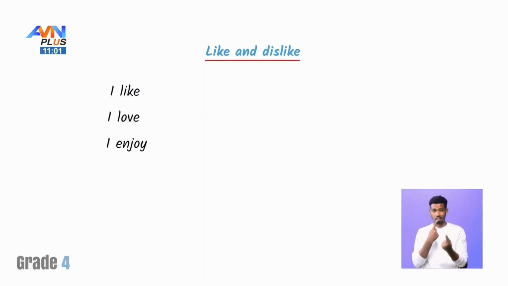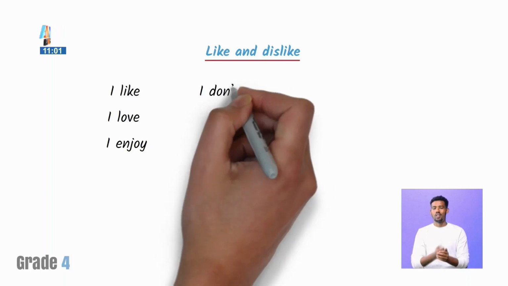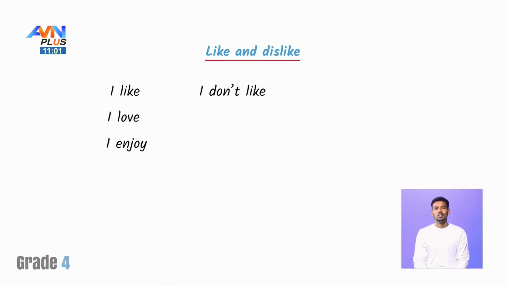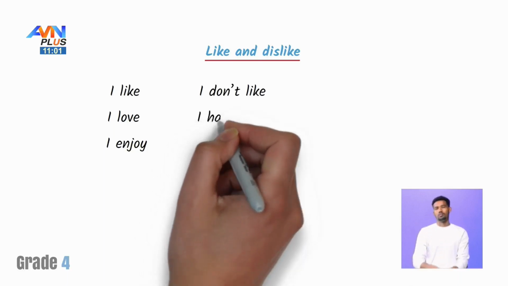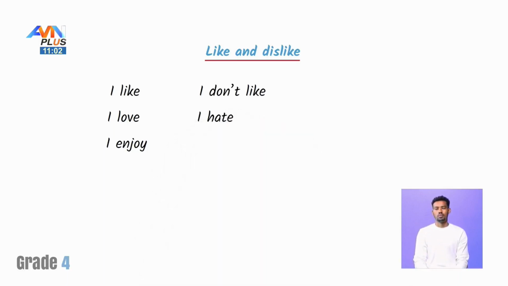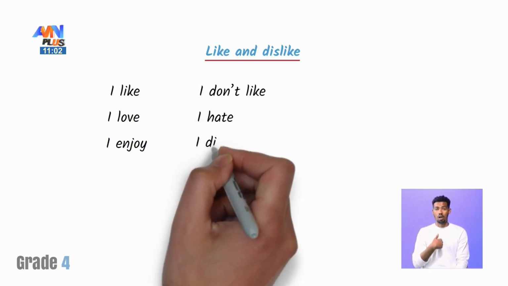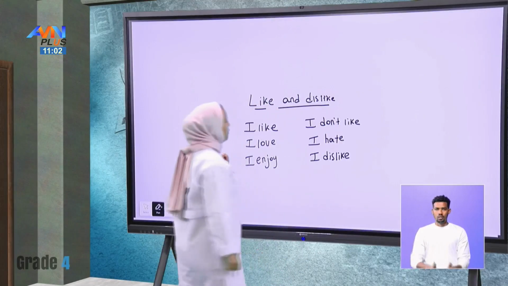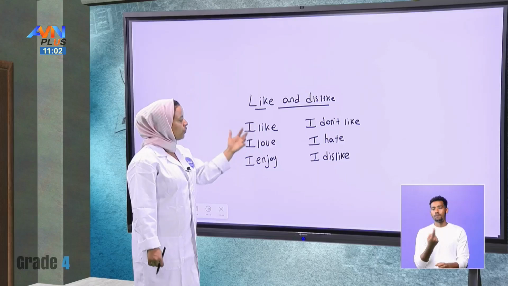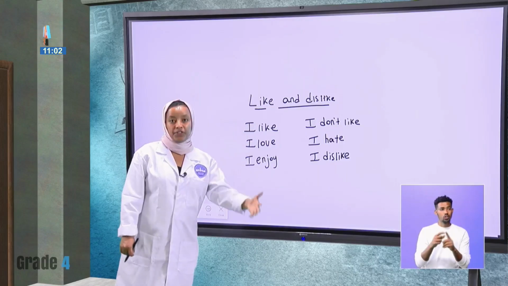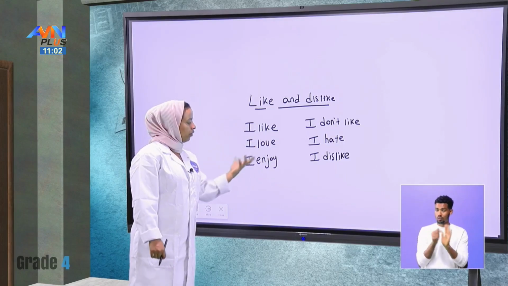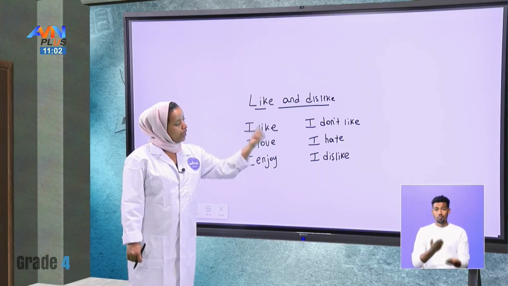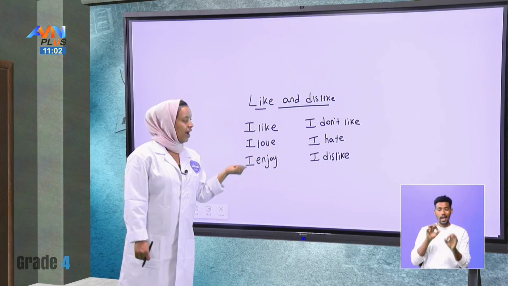For example, I don't like, I hate, and also I dislike. So here are vocabularies that you can use to show what you prefer. For example, I like, I love, I enjoy. What you don't like, for example, I don't like, I hate, and also I dislike.